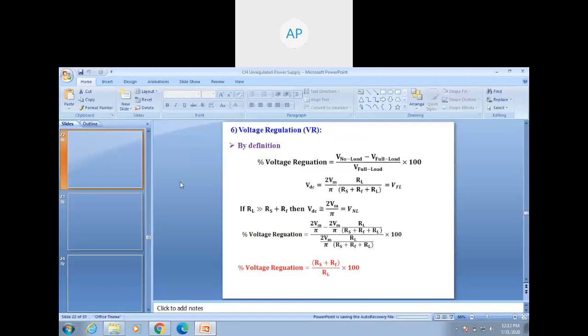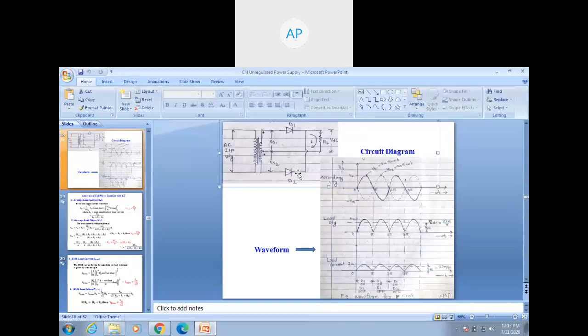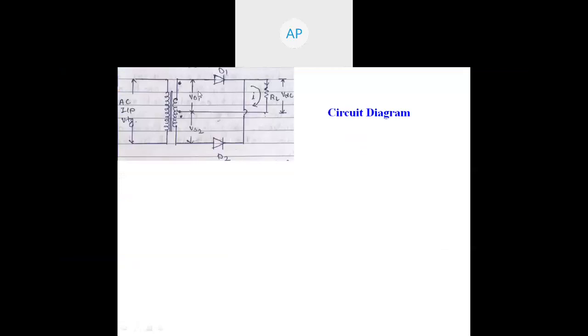So for this circuit, we will come to the diagram again. Now during the positive half cycle, how much voltage is available at the transformer secondary?